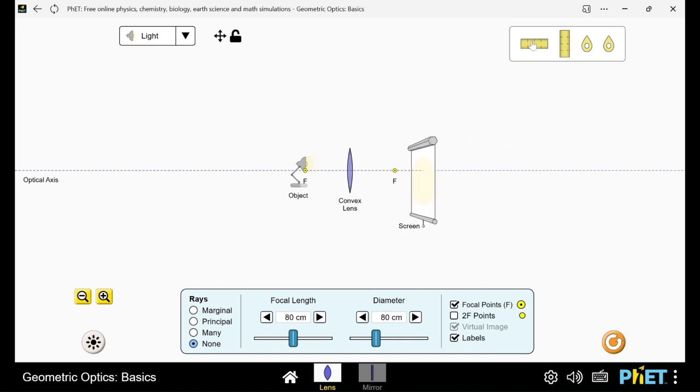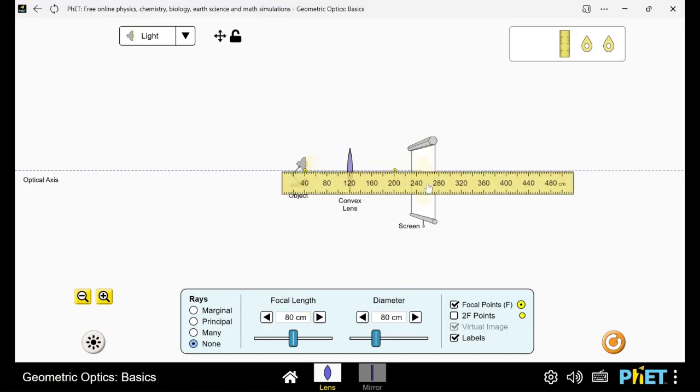Then, if we put the object beyond the principal focus, or the focal length, and I adjust it beyond the lens, we see that the focal length is at 120.